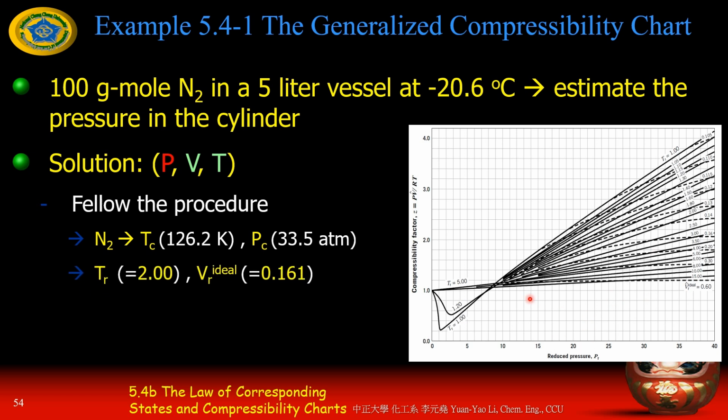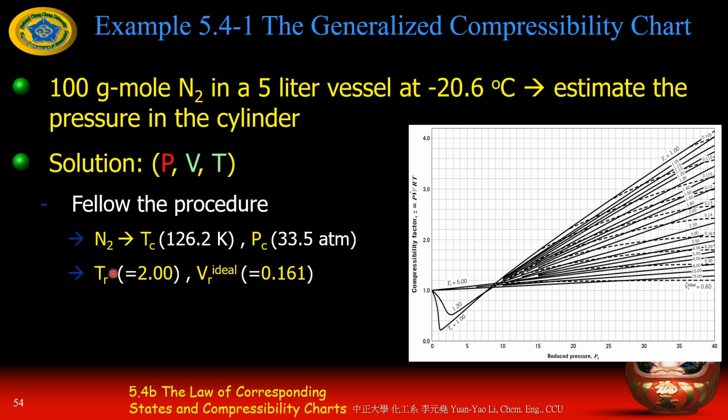So when you know the TC and PC, then you know the TR and the VR, right? Because you need to find out the pressure, there is no way you get a PR because there is no P. You need to find out VR ideal, and I just told you the equation of VR ideal. So this is the VR ideal here.